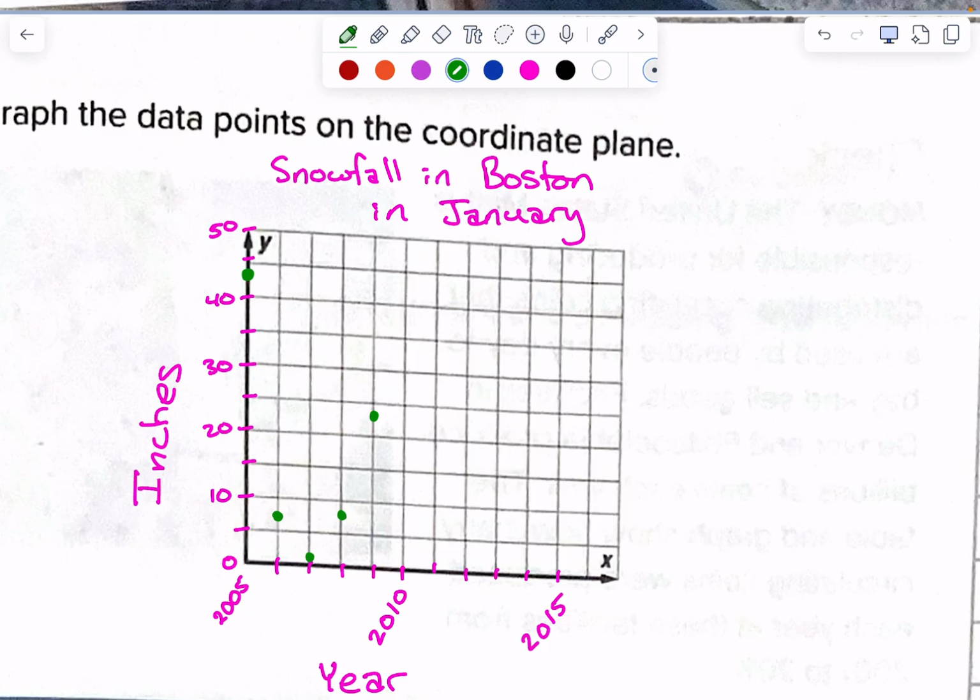2010. 13.2. Okay. Next. 38.3. About there-ish. Next. 6.8. About there-ish.